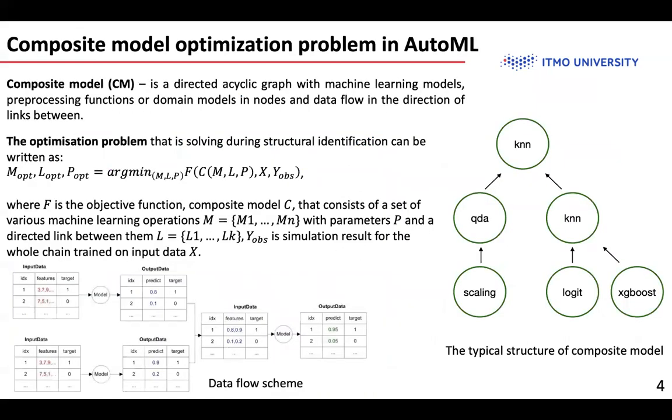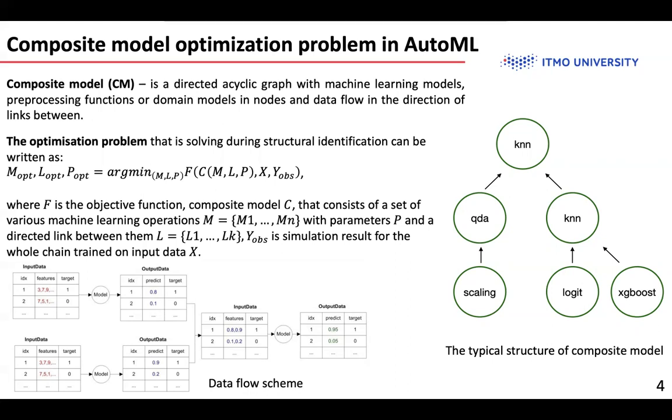In the real-world applications of modern data science, the data-driven models for complex multi-scale processes can be represented as nonlinear pipelines that consist of different blocks. These pipelines can be named composite models and described as nodes and edges of the directed acyclic graph.